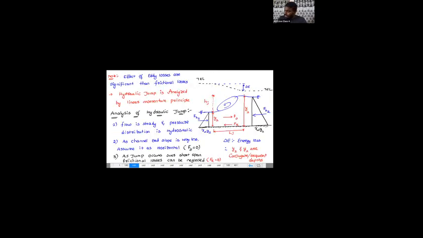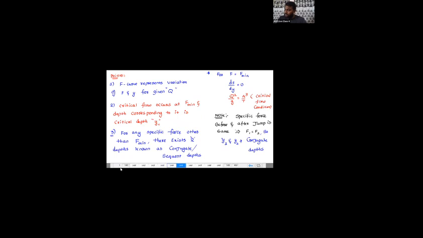See, what are the practical applications of the hydraulic jump?